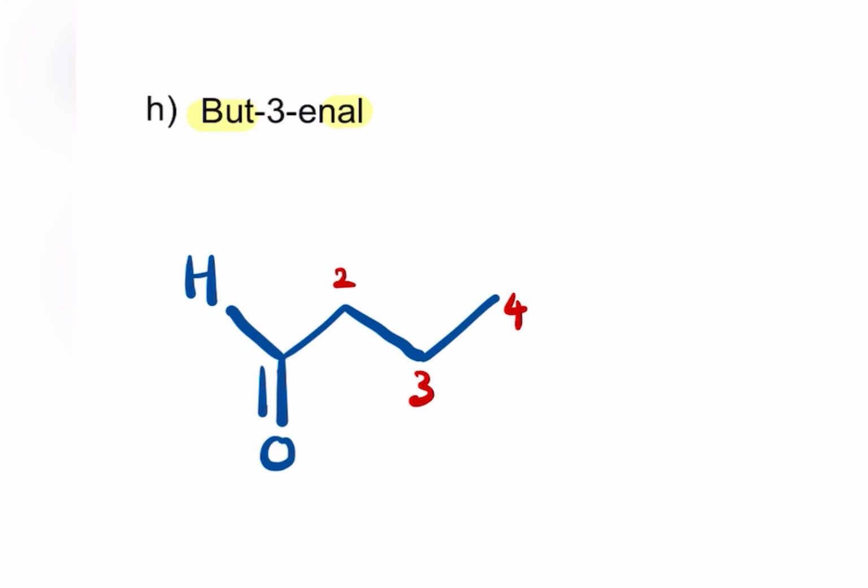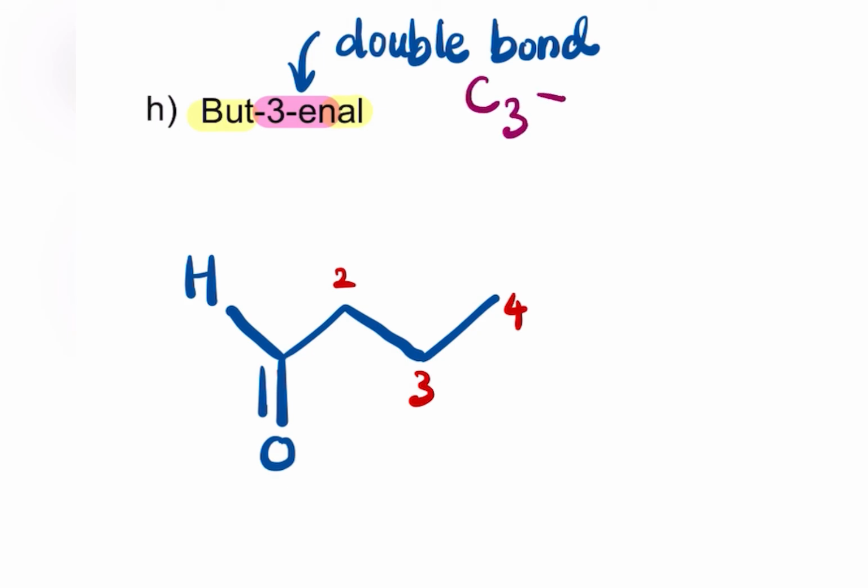And next one, you got a special name here, which is 3-ene. So 3-ene here means that you have a double bond. So this is a double bond. This double bond means that it is between carbon 3 and carbon 4. So I'm going to put my double bond here. So this is the structure for H.